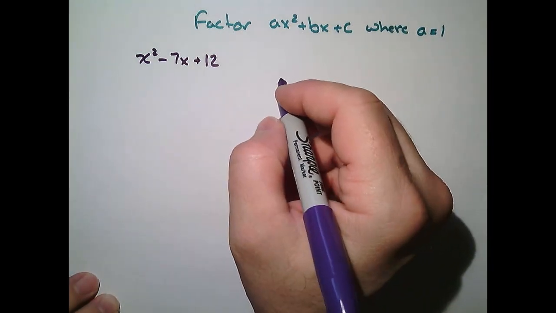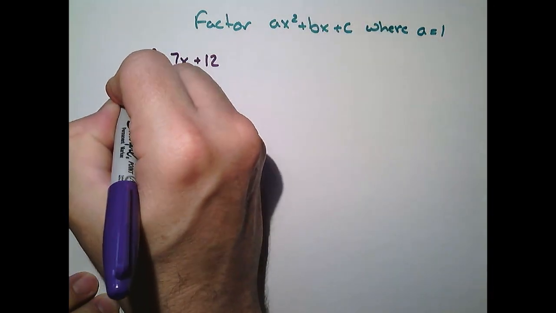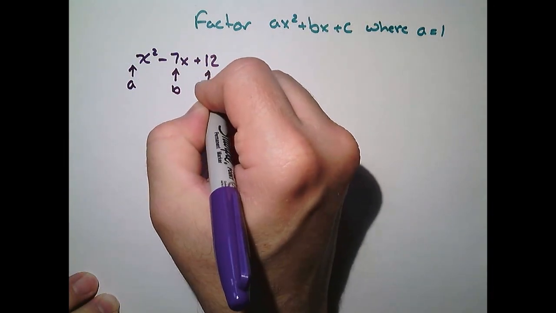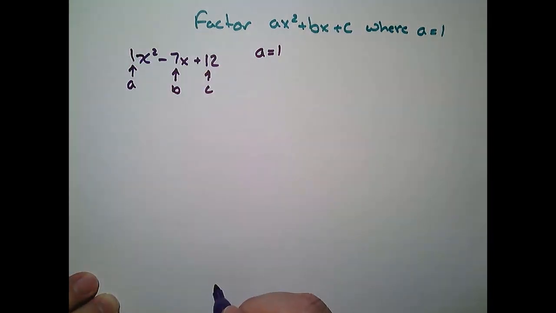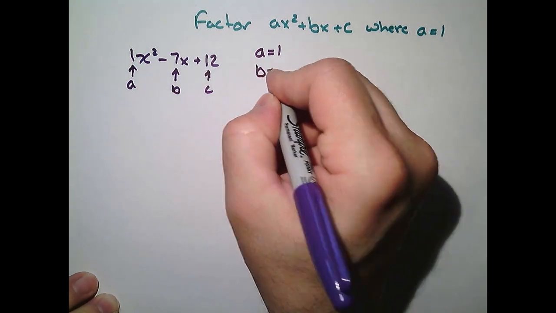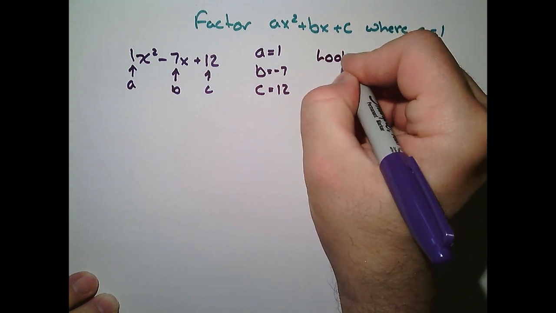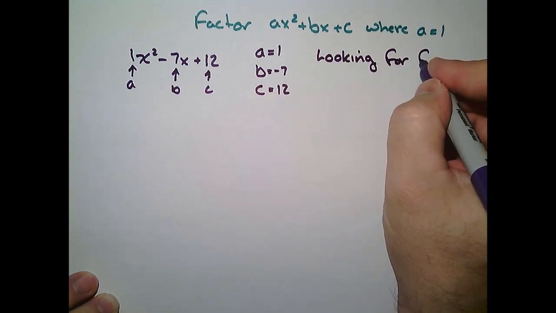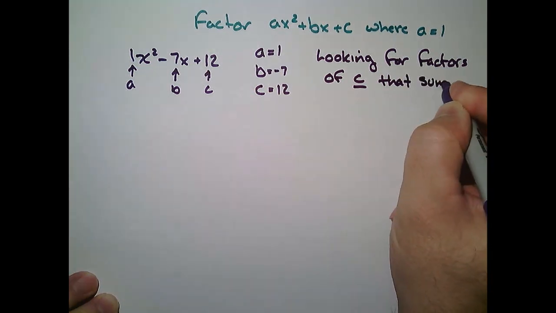So what we're looking for when our a value is 1, remember if we have no coefficient in front of our variable, we assume a 1. So a is 1, so it meets our criteria. Our b is negative 7, and our c is 12. And what we're looking for are the factors of c that add up to b.